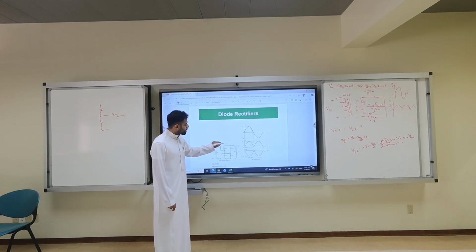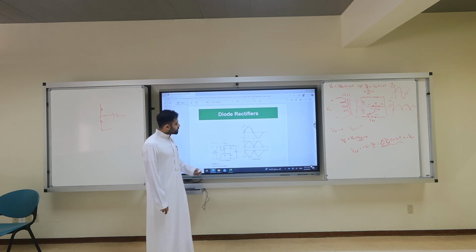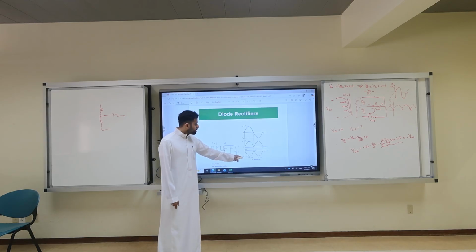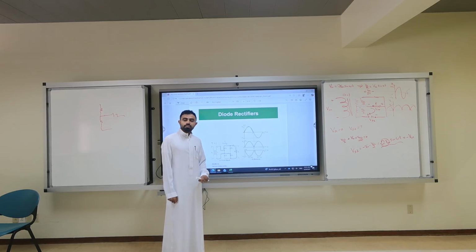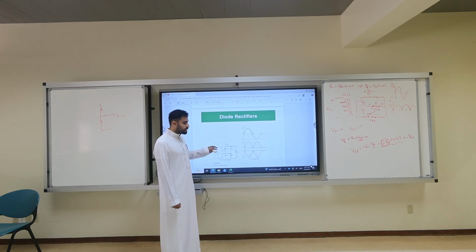This is the flow of the current, I/O. So here, 2 diodes that are off, which are D3 and D4, both of them will have a voltage drop of only Vm. Because center tap doesn't divide by 2.